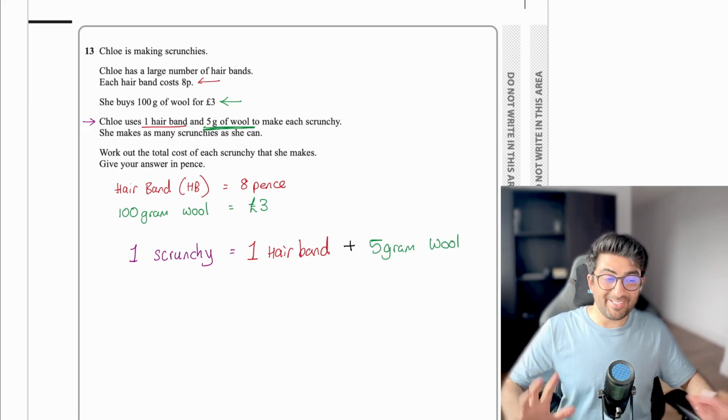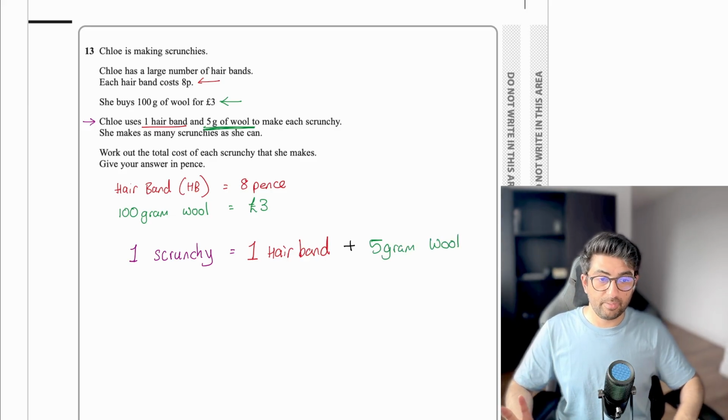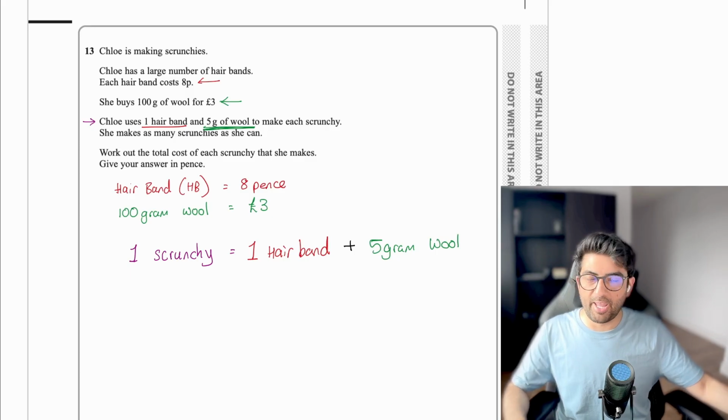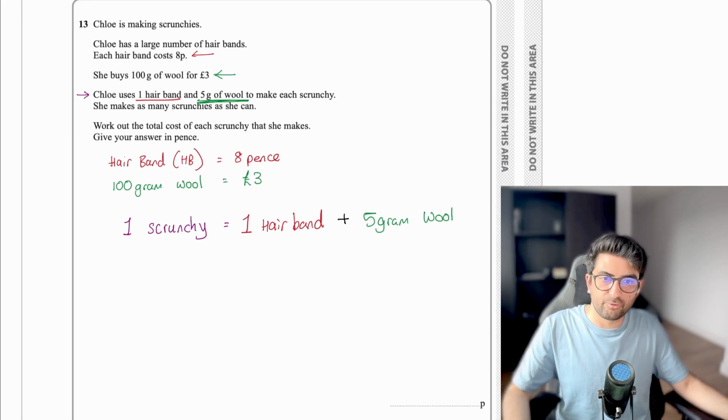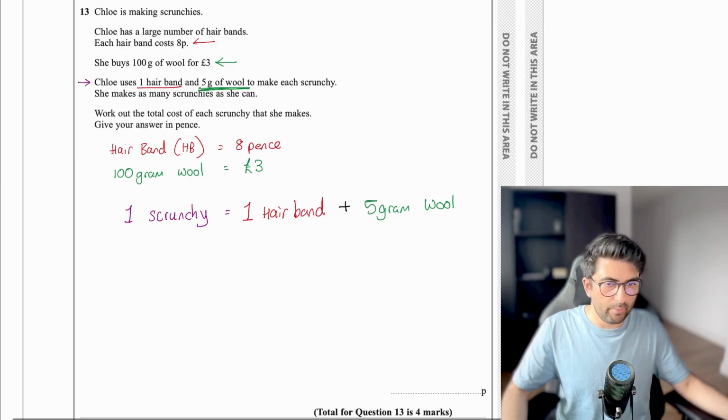Okay, so that's how we're going to make a scrunchie. If we can work out the price of one hairband and 5 grams of wool, we know the cost of making a scrunchie.